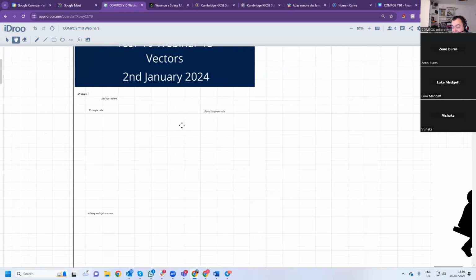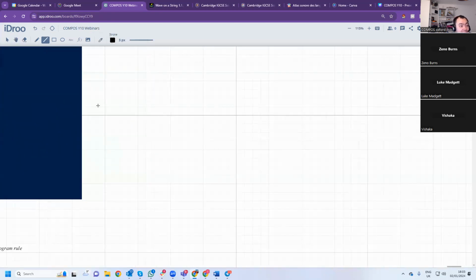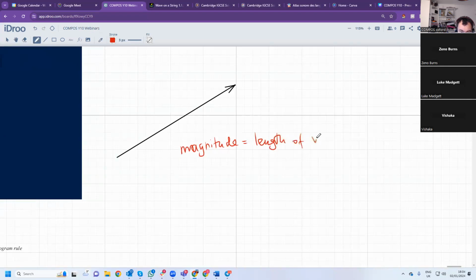Well, a vector has magnitude and direction, right? So I hope this is no surprise to anyone. A vector has magnitude and direction. I think I've mentioned that. Magnitude is the length of the vector, or at least it's proportional to the length of the vector.